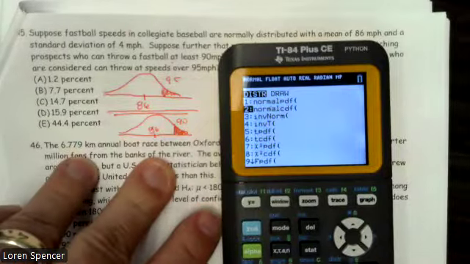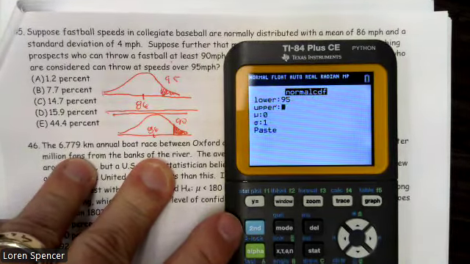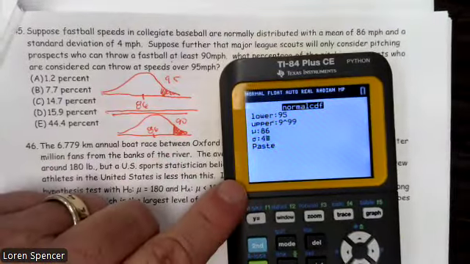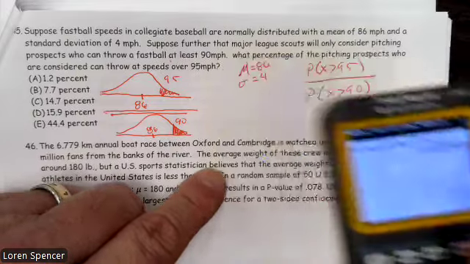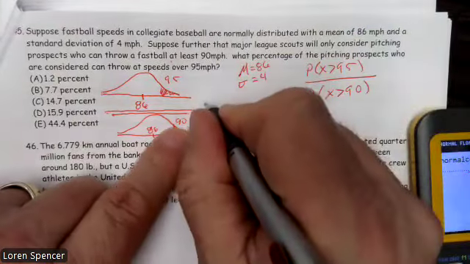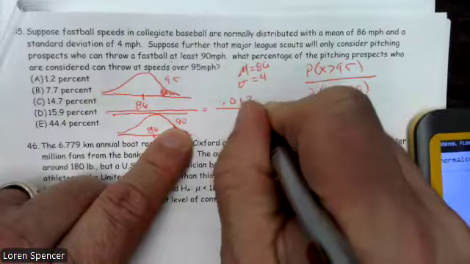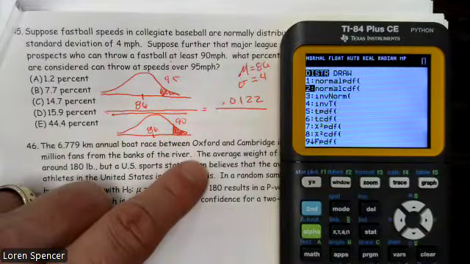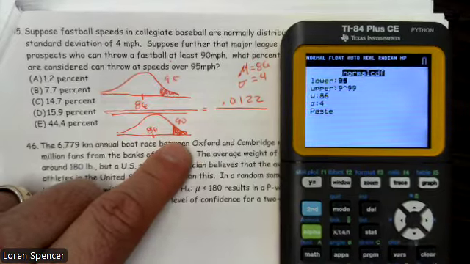Second vars, norm CDF, lower bound 95, upper bound 9 raised to the 99th, mean 86, standard deviation 4, and we get 0.0122 for the top value. And for the bottom value, second vars, norm CDF, I'm going to change that lower bound from 95 to 90.